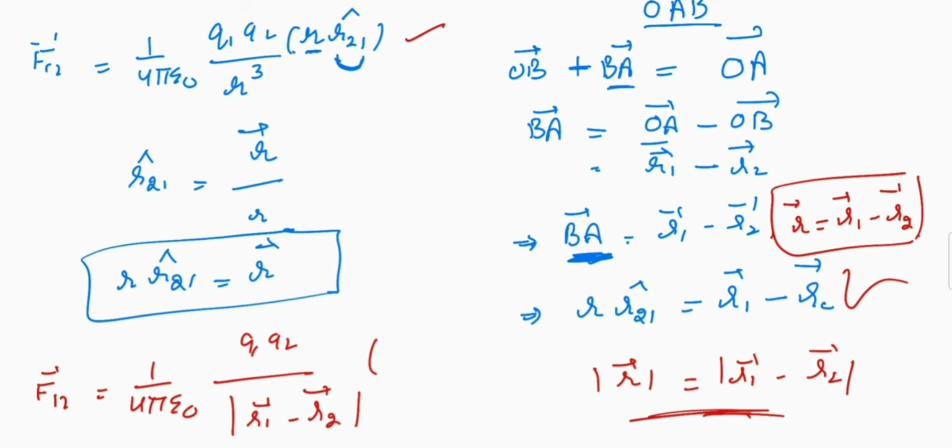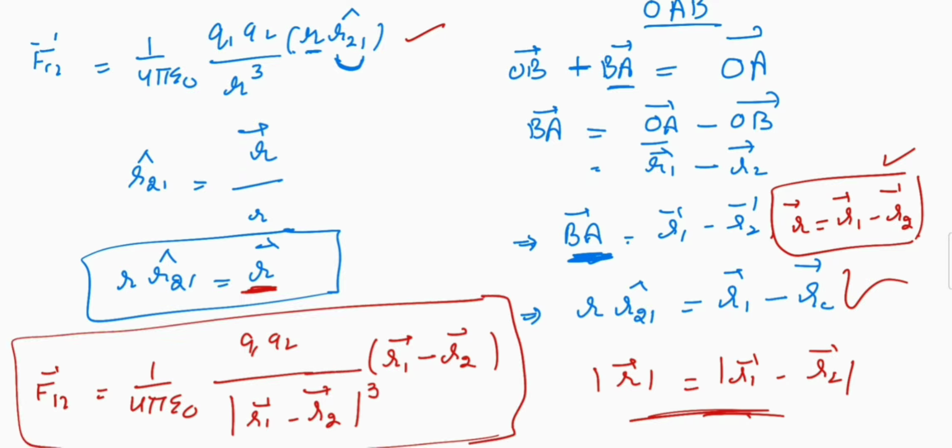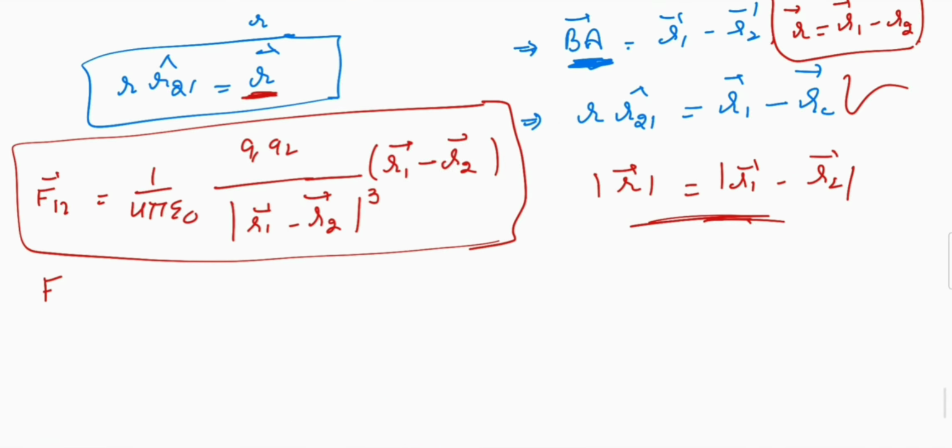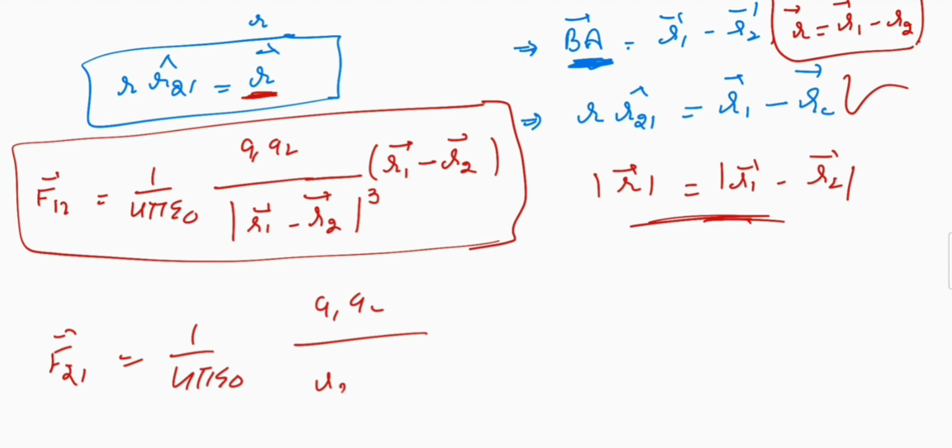So this is the force on two charges in terms of their position vectors. Similarly, we can write F21 is equal to 1 upon 4 pi epsilon naught Q1 Q2 divided by the modulus of R2 vector minus R1 vector cubed, multiplied by R2 vector minus R1 vector.